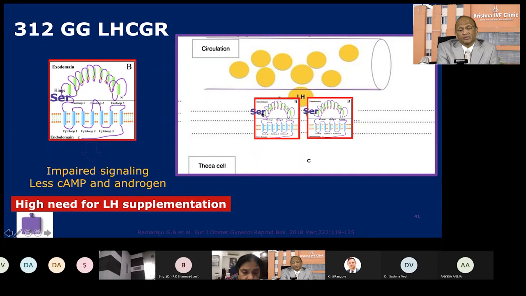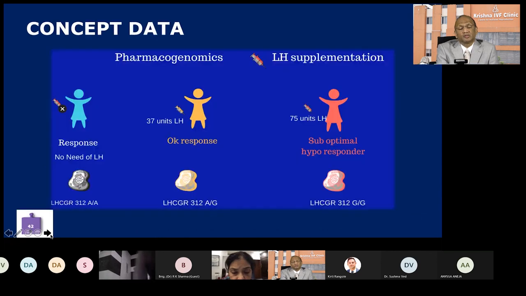So, this is the transmembrane, this is the cytoplasm, and this is where the cyclic AMP happens. LH acts on the cyclic AMP pathway and drives the growth of follicular fluid formation and oocyte maturity. The concept is, if you have 312 A by A, the wild type, where the asparagine does not disturb the cyclic AMP and the androgens of the cell, there is no need for LH supplementation.